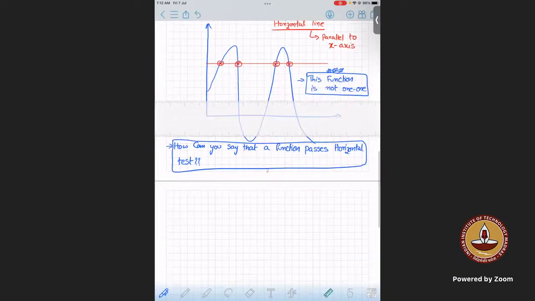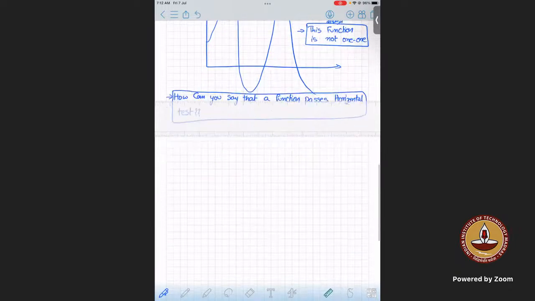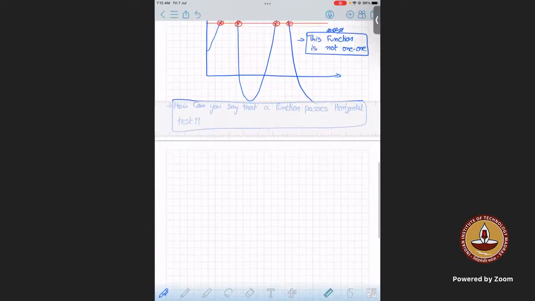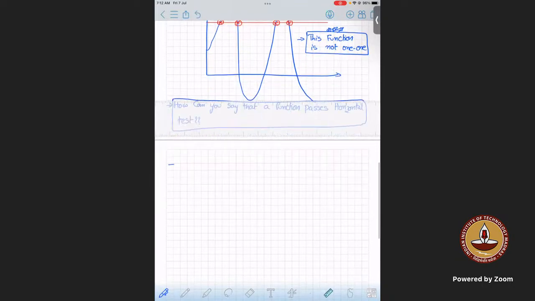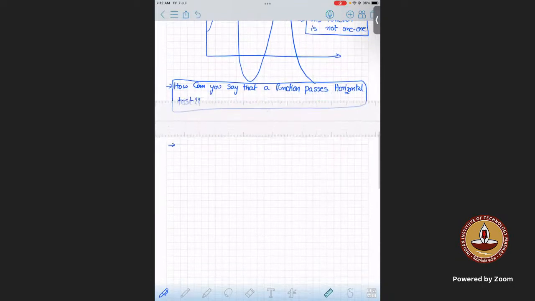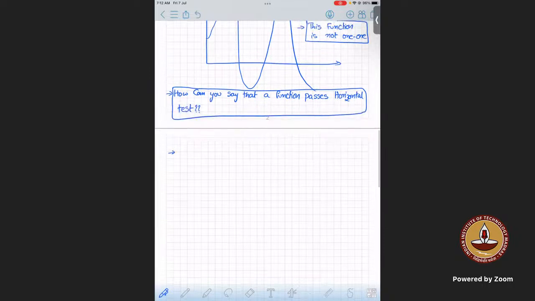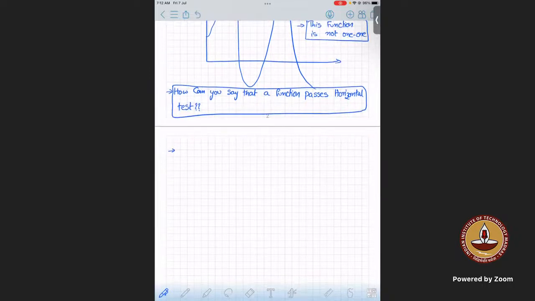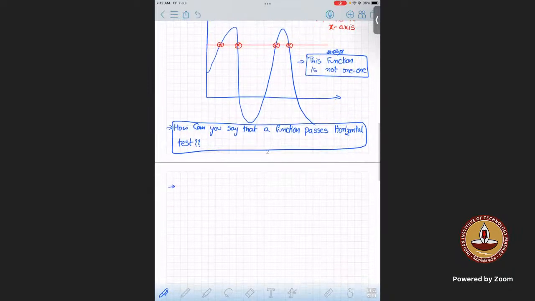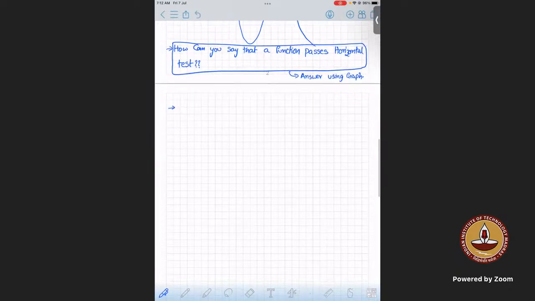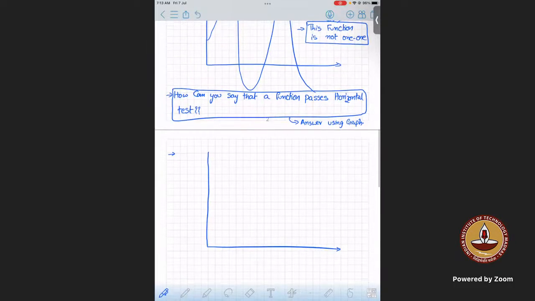At multiple values of x, we are getting the same value of y. If x1 is not equal to x2, then f of x1 is also not equal to f of x2. I want the answer graphically. Using the graph, if the horizontal line cuts only one time.